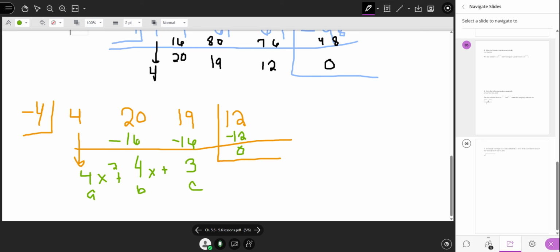We're going to use the quadratic formula. Negative B plus minus the square root of B squared minus 4AC, all over 2A.